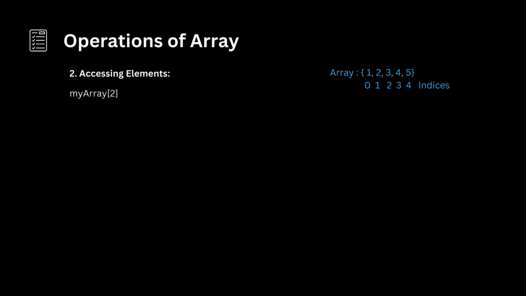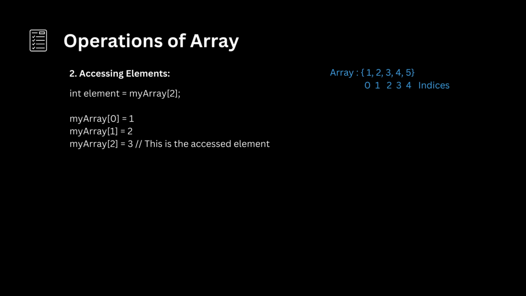Now we will assign the variable. int element = myArray[2]. This will assign the value of the third element to the variable element. After this line, the variable element contains the value of myArray[2]. So if we consider the array myArray from the previous example, that is myArray[0] is equal to 1, myArray[1] is equal to 2, myArray[2] is equal to 3.